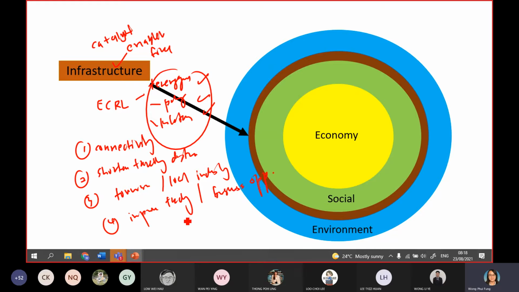Okay, so when we improve the trading, the business opportunity and also the tourism, because when you travel, you will start to spend in this area. When you start to spend, the local people get what? Income. That is the economic part and also the social part. As I mentioned just now, if everybody has no job, sooner or later we start to have social problems.